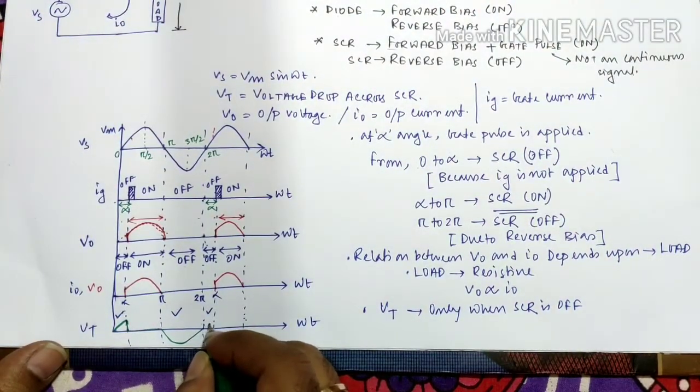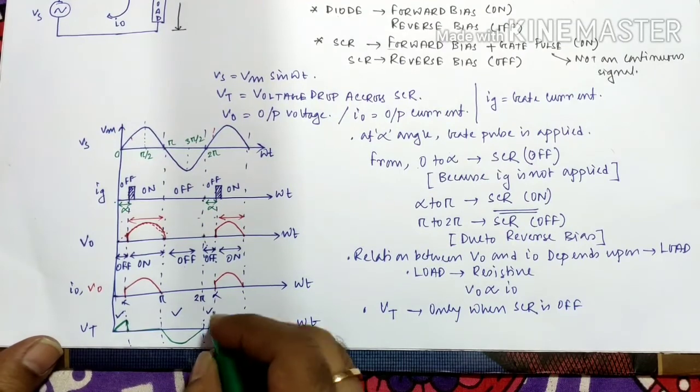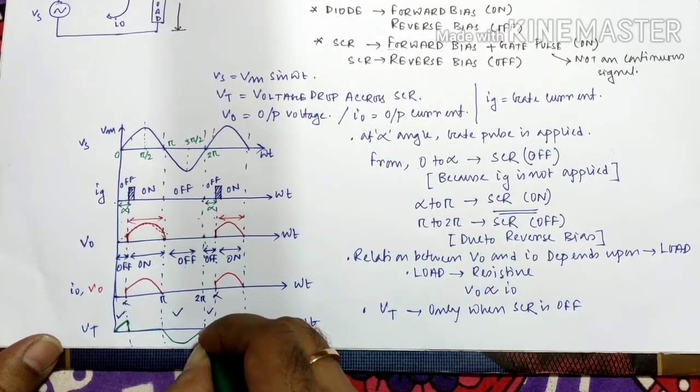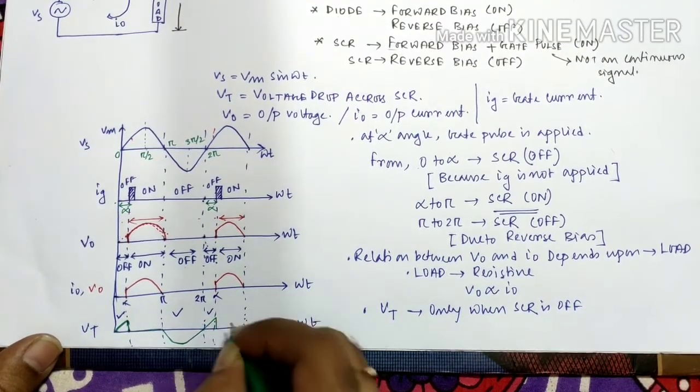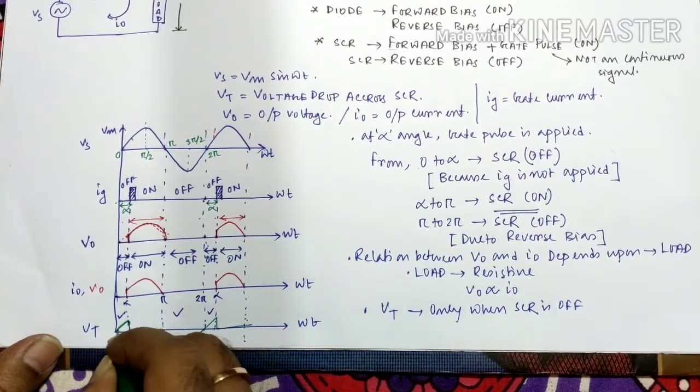Now in this region also SCR is still off, so I will get Vt, and once again Vt will follow Vs.